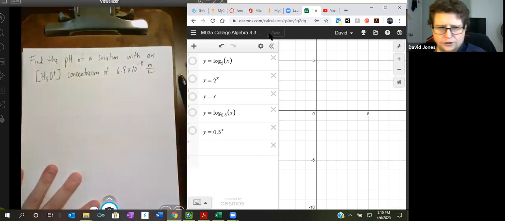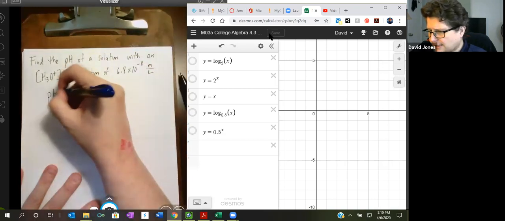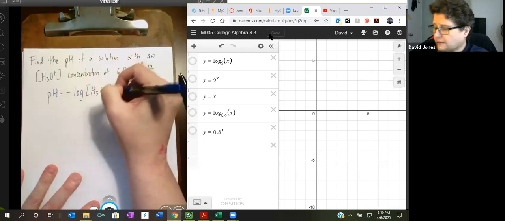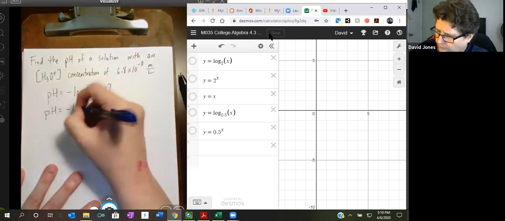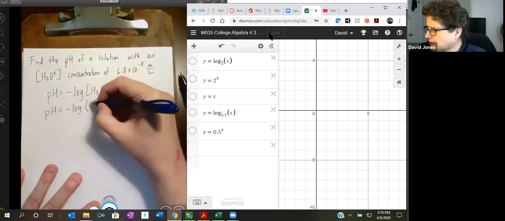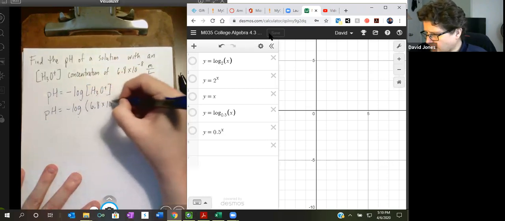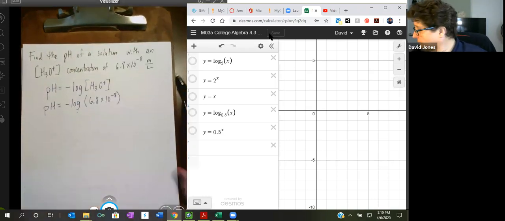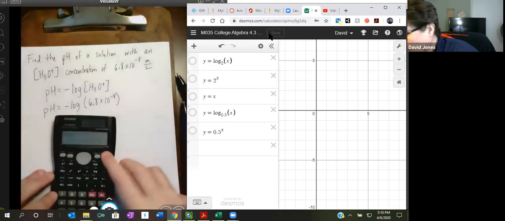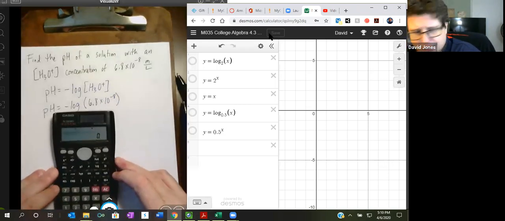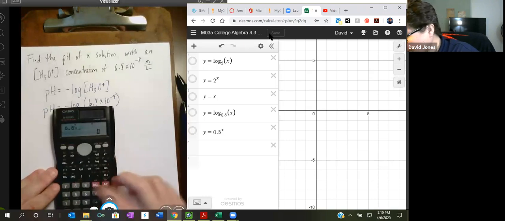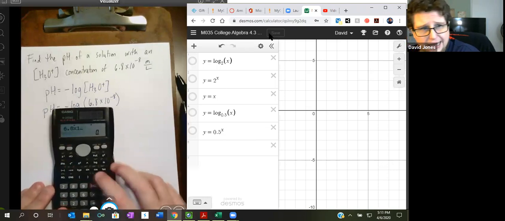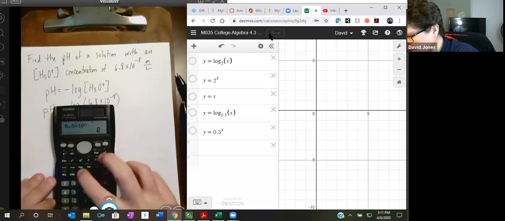So we use the formula we just had. pH is the negative log of the concentration. So I'm going to do 6.8 times 10 raised to the negative 8.